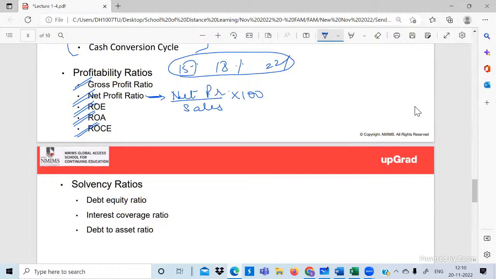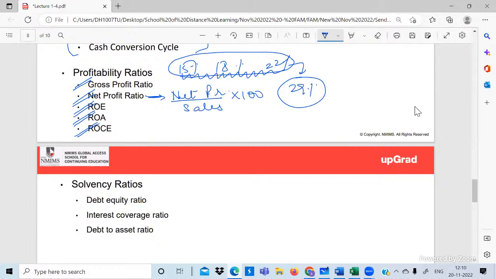If the peers have an average net profit ratio of, let's say, 29%, you're still lagging behind your peers, but at least your performance has been going up, it's improving. So performance is improving, but more improvement is required because you're still lagging as far as profitability is concerned compared to your peers. So that's your gross profit ratio and your net profit ratio.